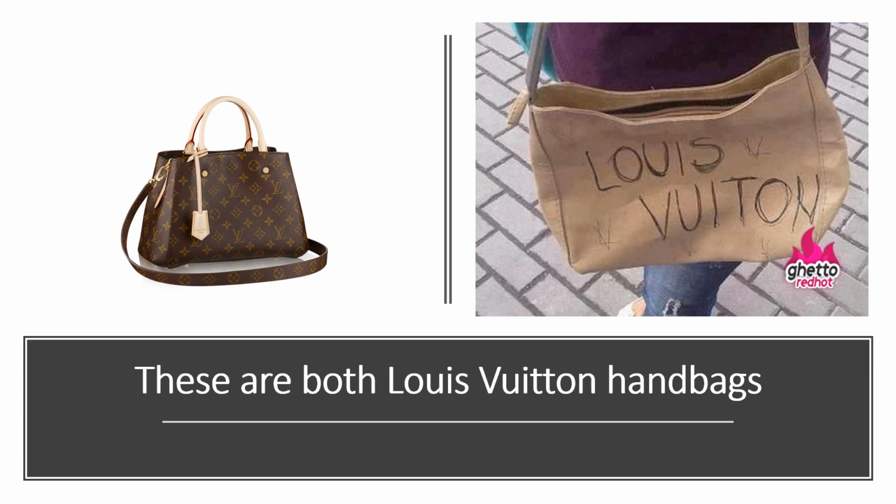The bag on the left is an authentic Louis Vuitton handbag. We know that, and that carries a set of connotations that signify class, style, wealth, and glamour. Whereas the bag on the right perhaps has connotations which are the exact opposite of all of those.